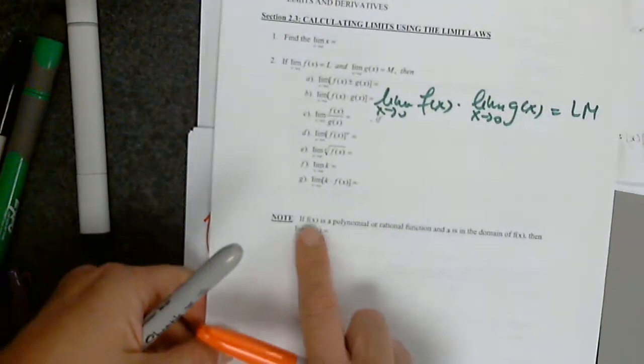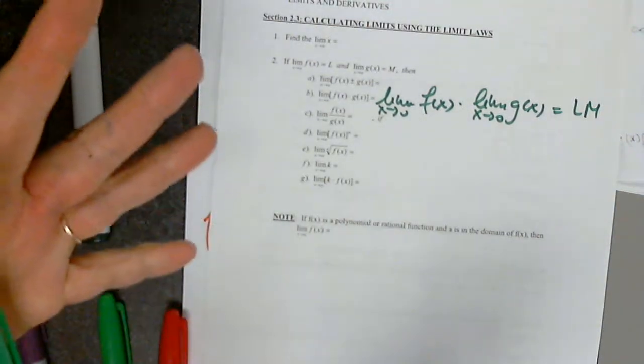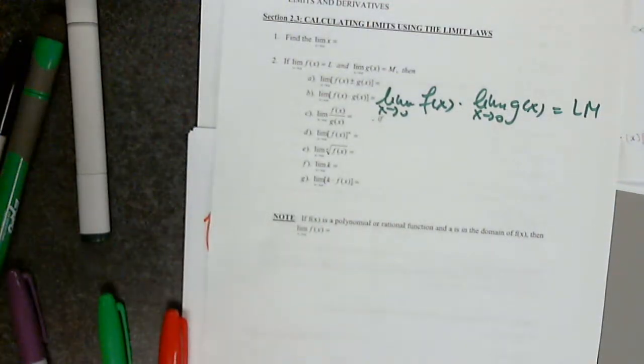Okay, and I want us to look at the note, and then we'll practice with as many problems as we can. If f of x, since we already have talked about this, let's see what you come up with.